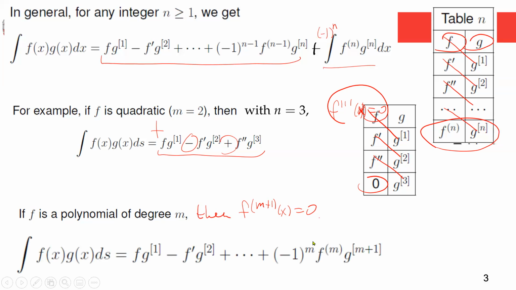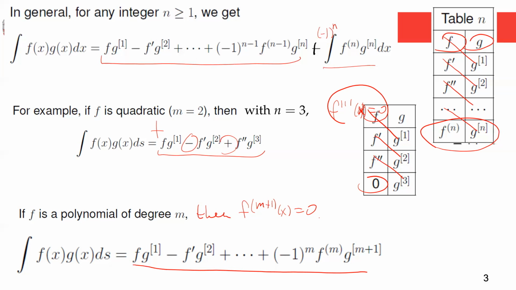And so this will be the formula. Again, we can easily form this combination of diagonal products using the table that we create. So that's this new formula, and this method is called the tabular method because it can be easily applied by using this table.